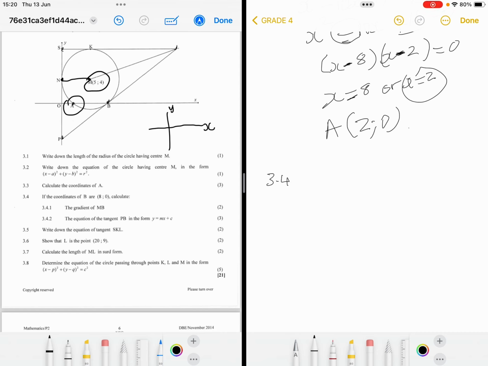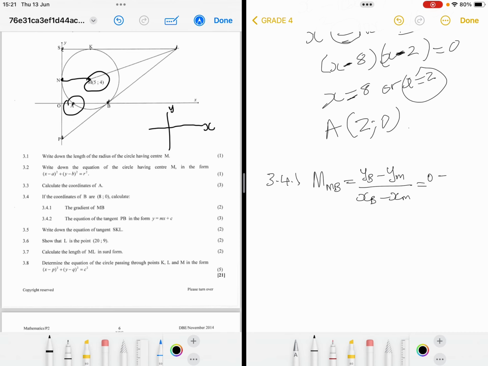So 3.4.1, the gradient of MB will be y at B minus y at M over x at B minus x at M. Now let's see. What is the y at B? Y at B is 0.